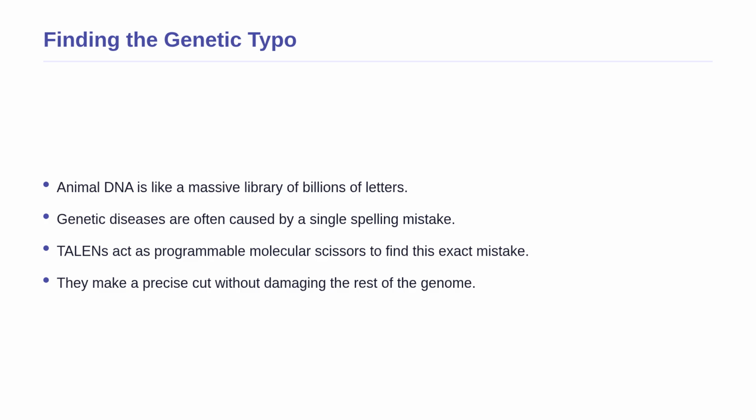This is where TALEN gene editing comes in. They act like a pair of highly trained, programmable molecular scissors. Instead of just cutting randomly, these scissors can be programmed to read a very specific sequence of letters and make a precise cut exactly where the mistake is located, tricking the cell into fixing the error.